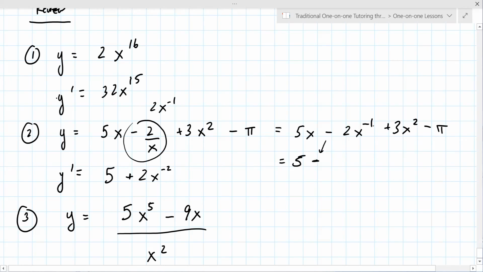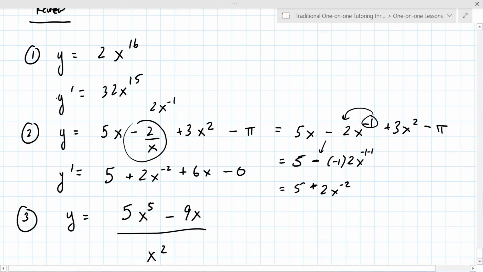This negative 1 comes down, so it's negative 1 times the 2x to the minus 1, so that the minuses become a plus. Okay. Yes. And then it's plus 6x minus 0.